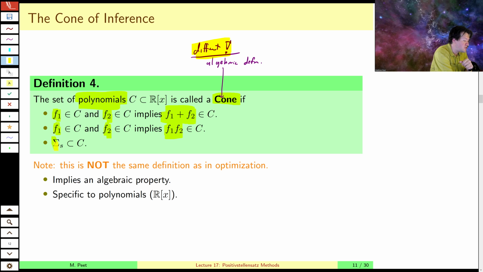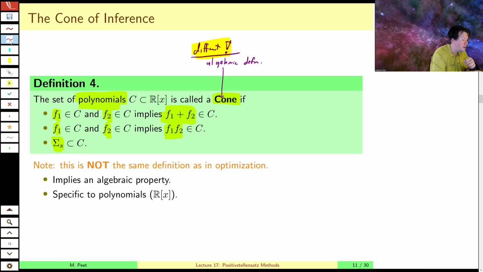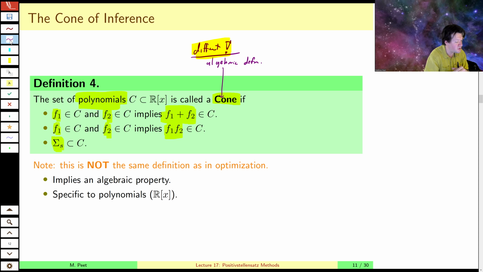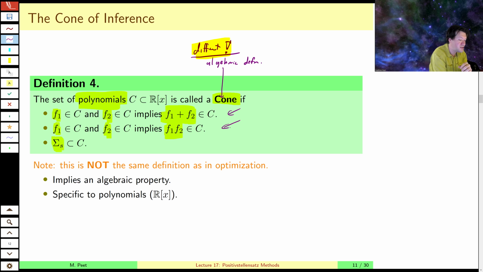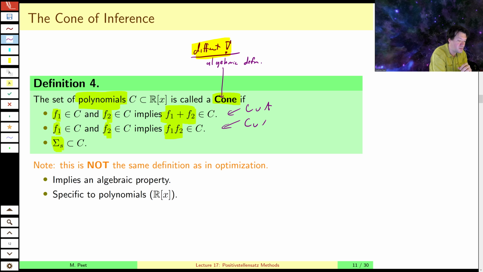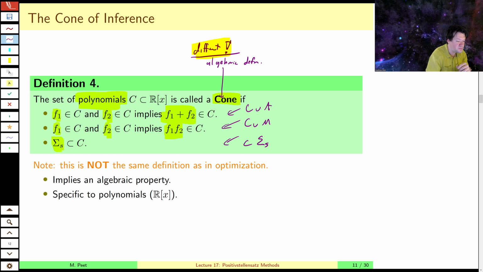And the sums of squares is also in the cone. So this is the set of polynomials you can combine together to get a set of valid inequalities. Right? So it's closed under addition, closed under multiplication, and contains the sums of squares.